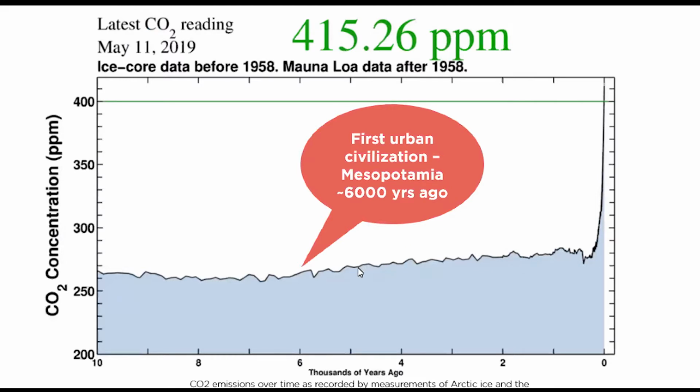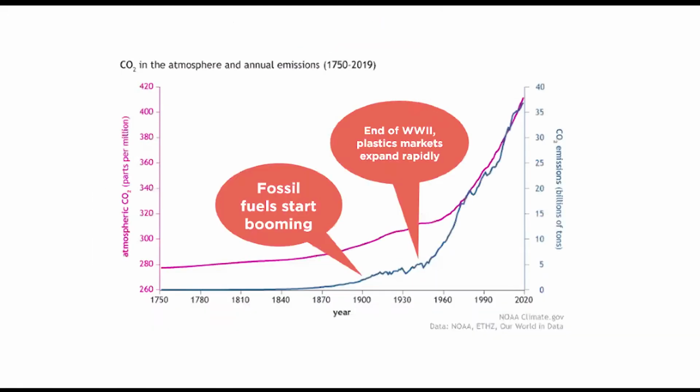This zooms in a little bit more to 10,000 years. And again, pinpointing the first urban civilization, and looking at the massive and rapid increase in carbon dioxide concentration in our atmosphere. And this zooms in even further.